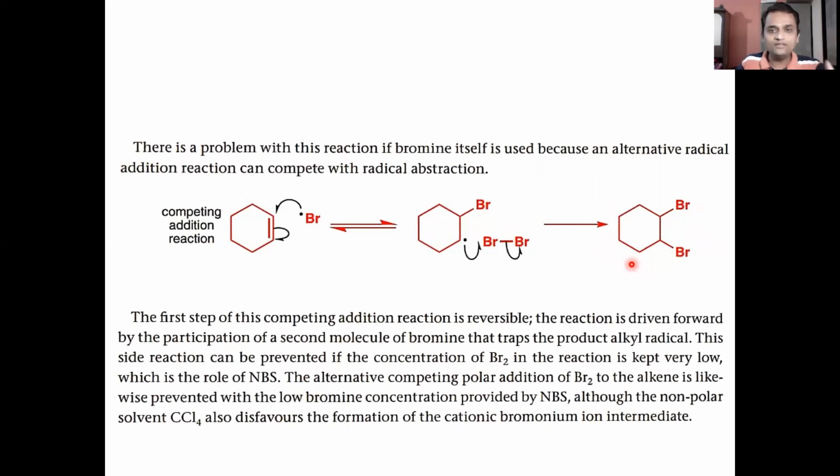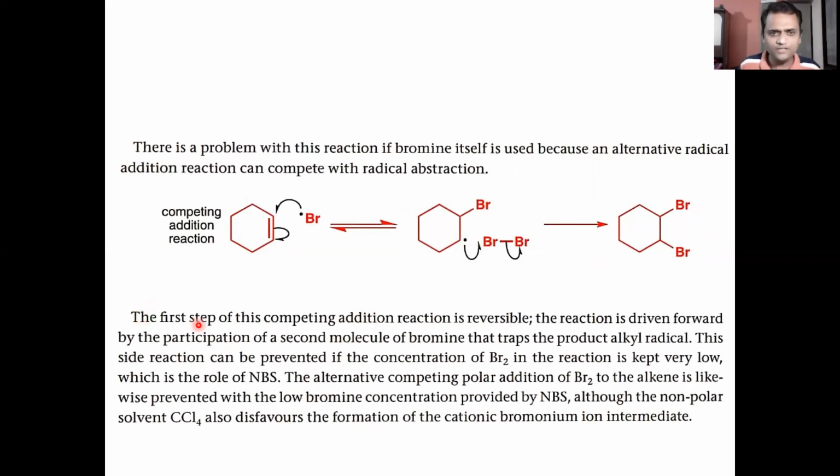Now this happens whenever there is a higher concentration of bromine, or when we use Br2 for the bromination. When we use Br2, there is a higher concentration of bromine. At that time the first Br gets attached here and the second Br gets attached here, so there is a formation of the dibromo compound.